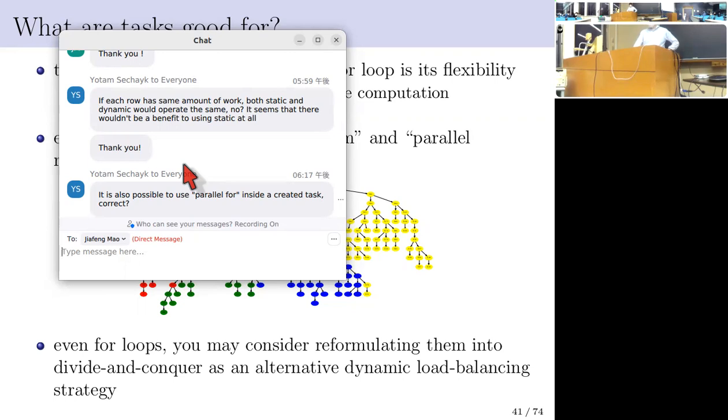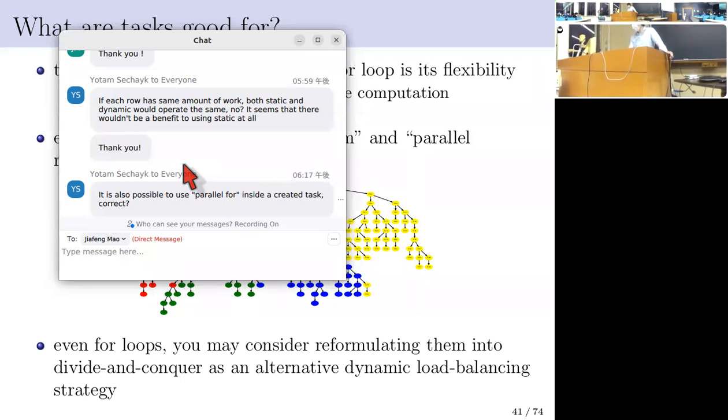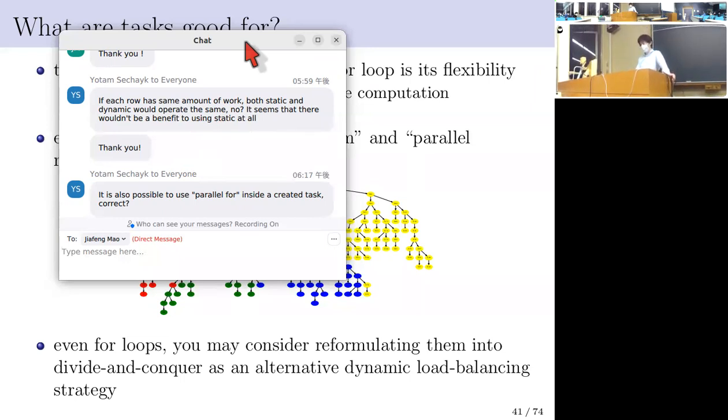I think in that case, this nested parallel doesn't have any effect, because the tasks are supposed to be already inside the parallel region. So when you say parallel inside a task, then you are almost likely having a parallel region nested inside another parallel region.